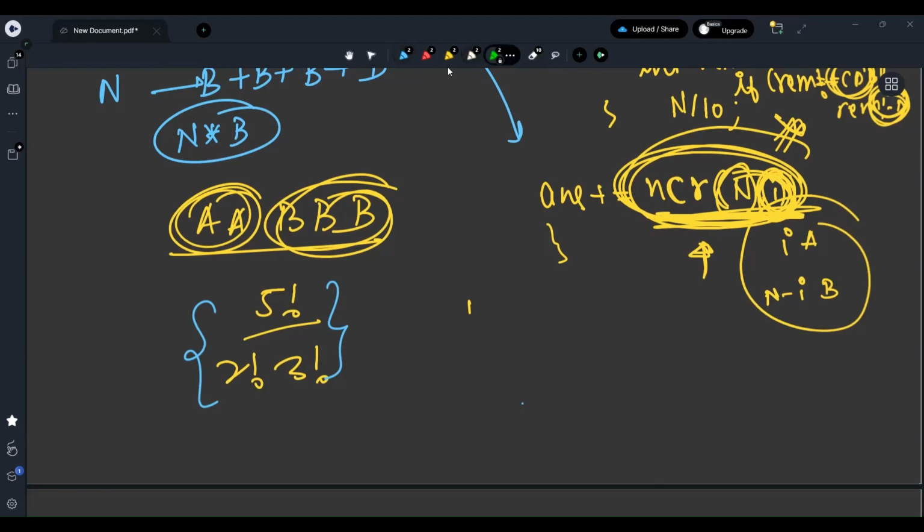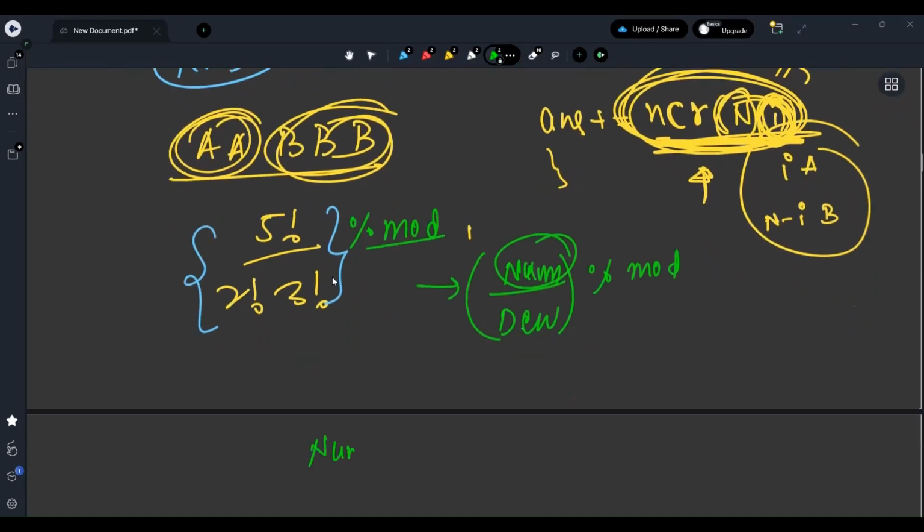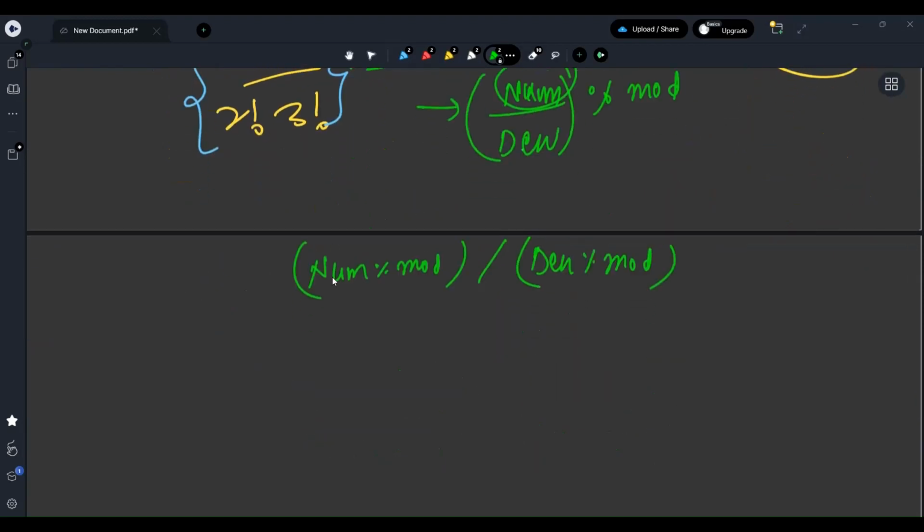Now, because we are doing modulo mod, what happens? Let's say I have a numerator and a denominator and I do modulo mod. We can't write it as numerator modulo mod divided by denominator modulo mod. Rather, we should write it as numerator modulo mod into denominator to the power mod minus 2, modulo mod.